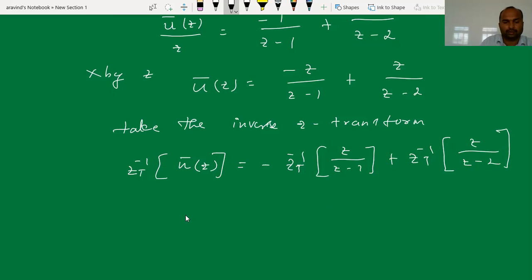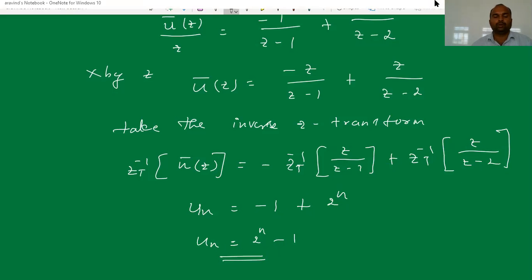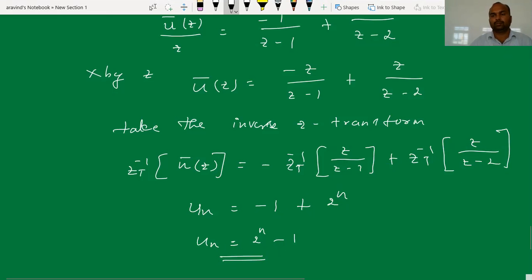So what we will get: the inverse of z by (z minus 1) is 1 and the inverse of z by (z minus 2) is 2 to the power of n. Therefore the inverse z transform of the given function is 2 to the power of n minus 1. So this is how we will find out the inverse z transform. Thank you.